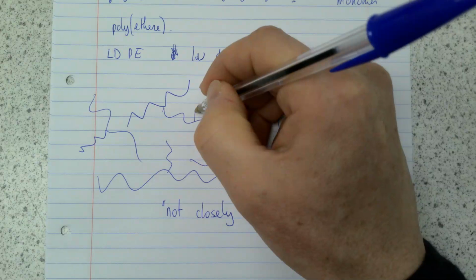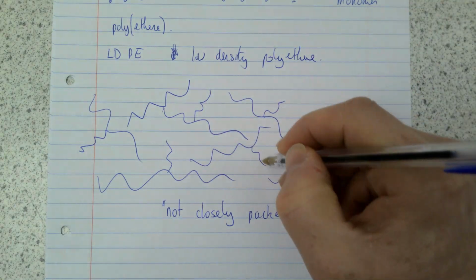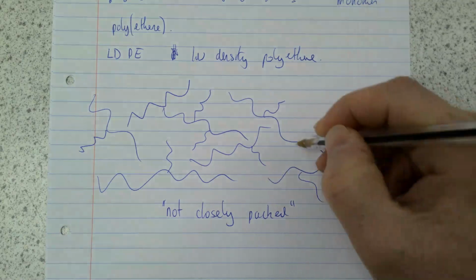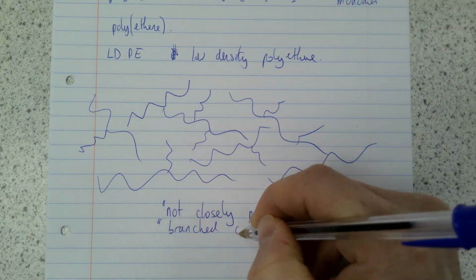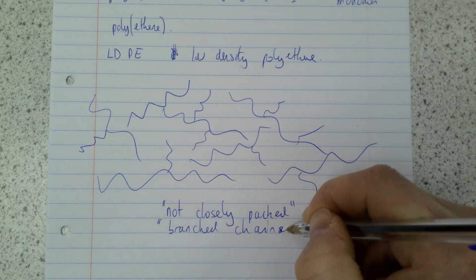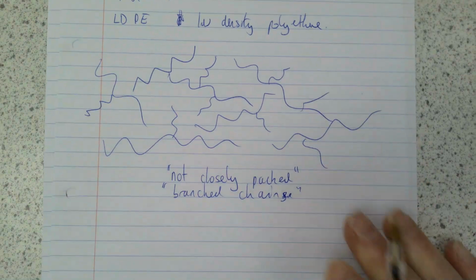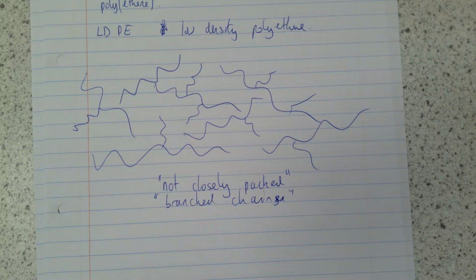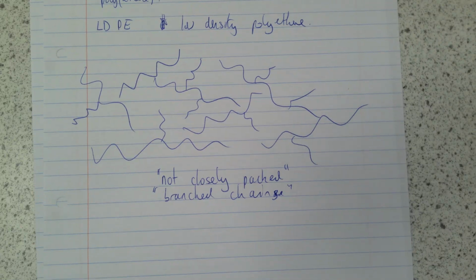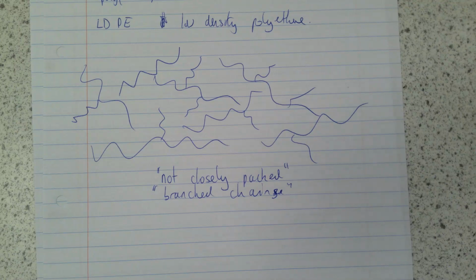So rather than just being straight lines, they're branched and they come off at all funny angles. It's got branched chains of polymers that are joined together. And obviously by its name it's a low density polymer and is used for slightly different things than high density polymers.